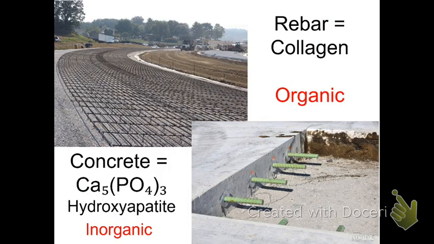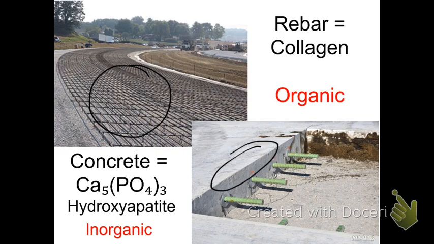When you think about bone, I want you to think about some of your travels along an interstate where they are building new roads. And oftentimes you will see what's called rebar put down. That is this collection of strong steel rods. And then on top of that rebar, you'll see concrete added.